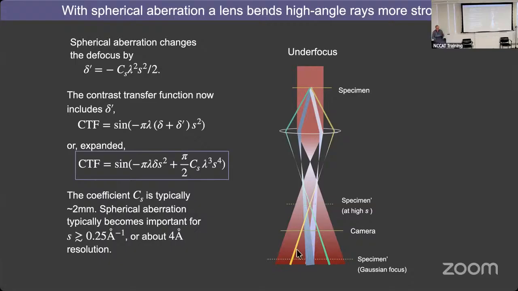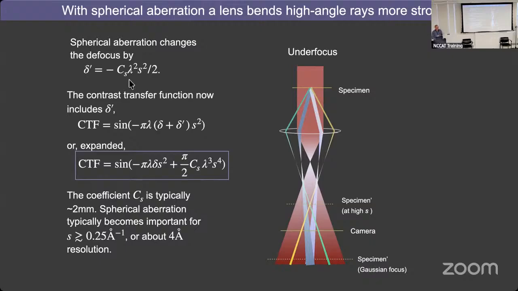That is, a wavefront that goes at a high angle through the lens gets bent more strongly and comes to a focus closer than a low angle wavefront, which comes to a focus way down here. And this amount of change, you can say it's like a defocus change. This is a change in the focal length of the lens.